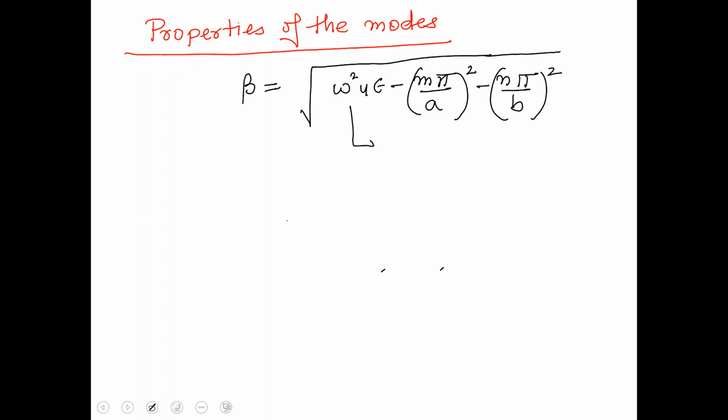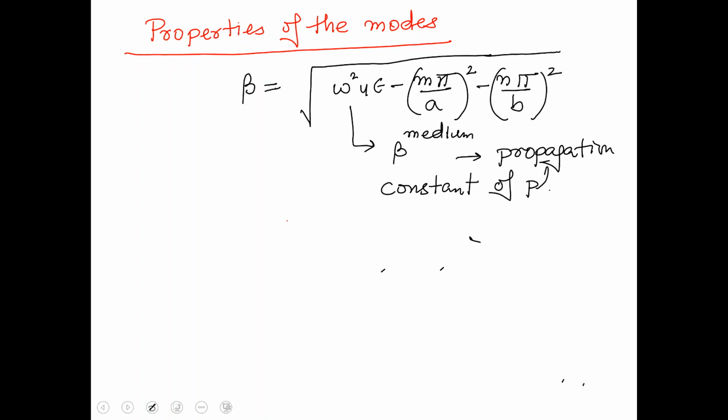This part here is the propagation constant in the medium. And the other two terms we're getting is the confinement effect, how we have confined the energy and how that changes the propagation term.